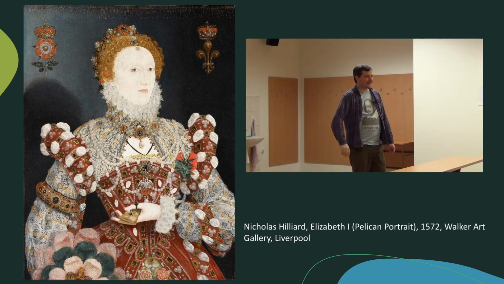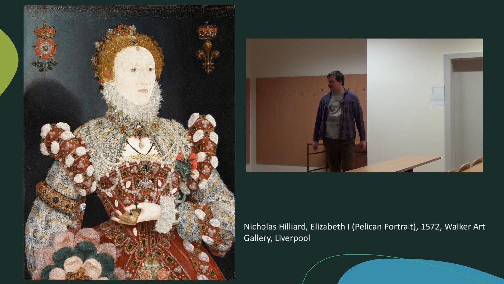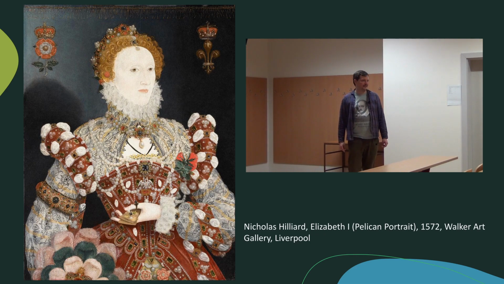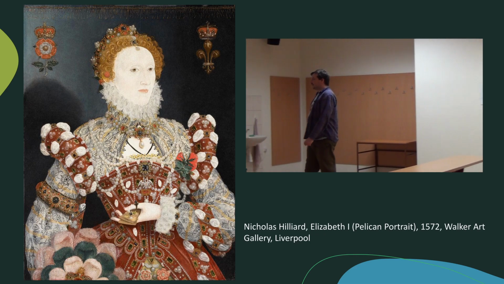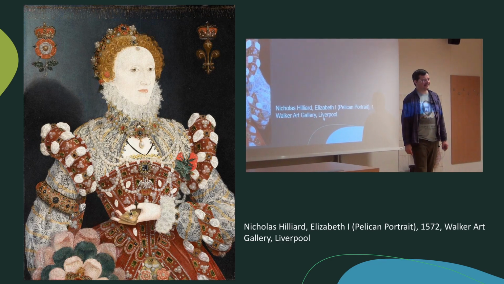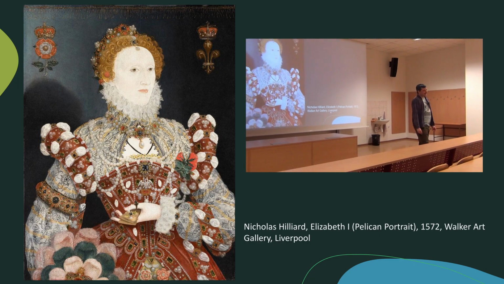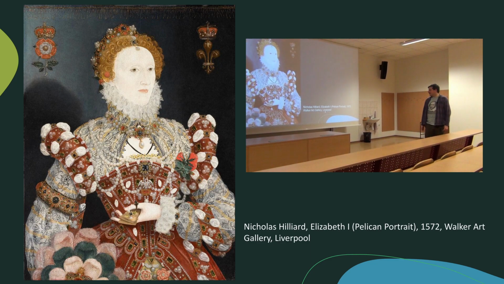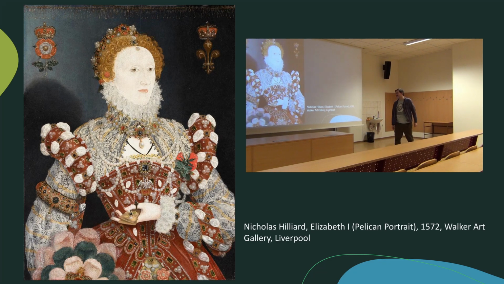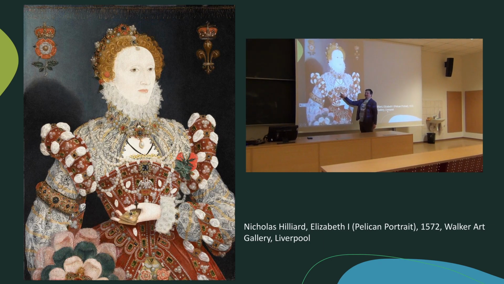This is a normal painting on wood panels, and this is one of Hilliard's portraits of Elizabeth I. He had several of them, and this one is called the Pelican Portrait. And I am not going to be that nasty to ask you why you think this is a pelican portrait, because you would say there is no pelican in the picture, and you would be wrong, because there is a pelican in the picture.